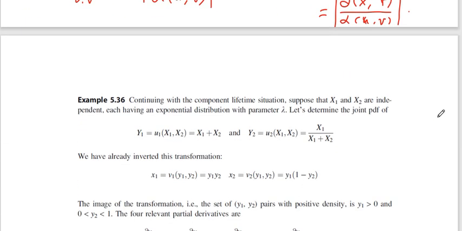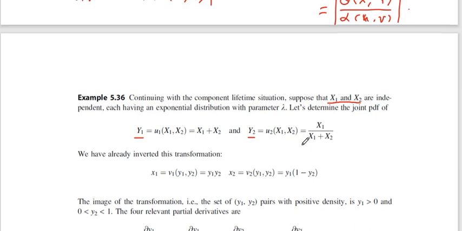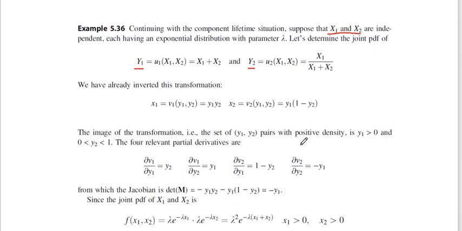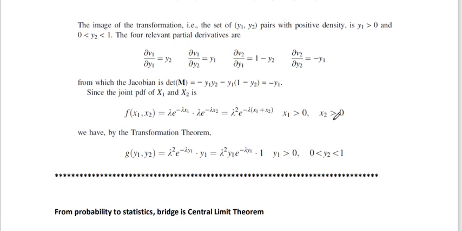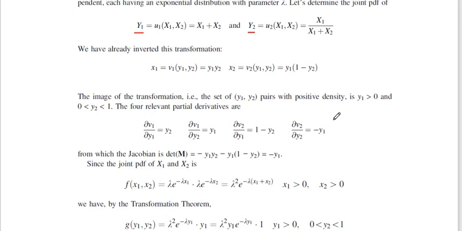Okay. So here we have such a problem. We have x1, x2, and now we have new variables y1, y2. So y1 is x1 plus x2, and y2 is given as well. Using this transformation, we get a new density function, changing everything to y1, y2.